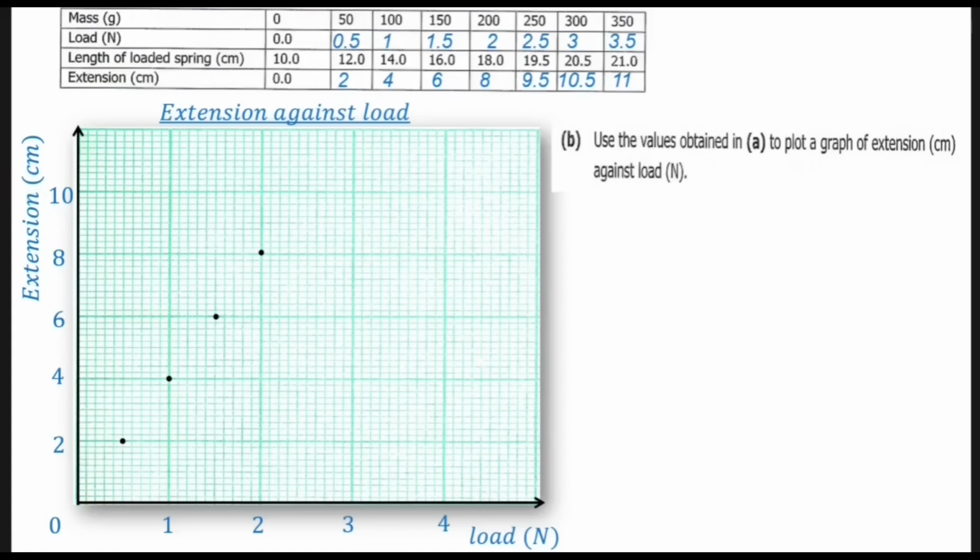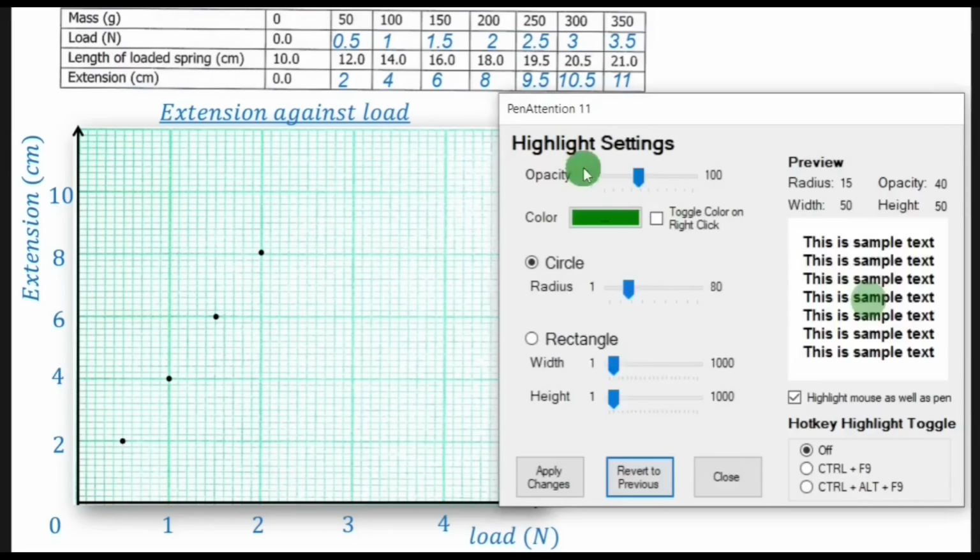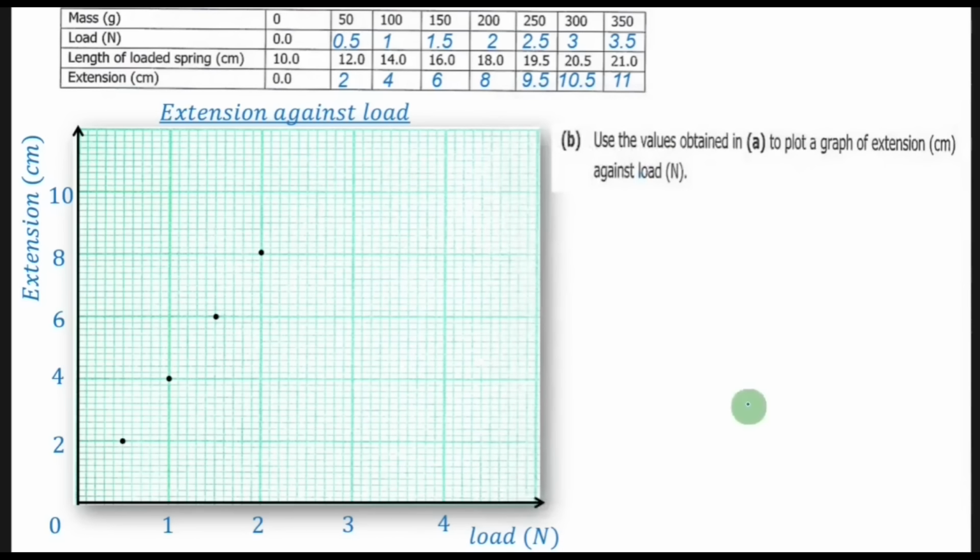Let me temporarily remove my highlighter so that I make sure it's not going.